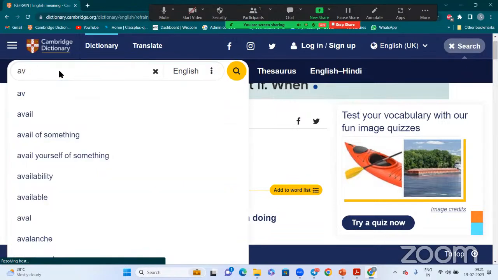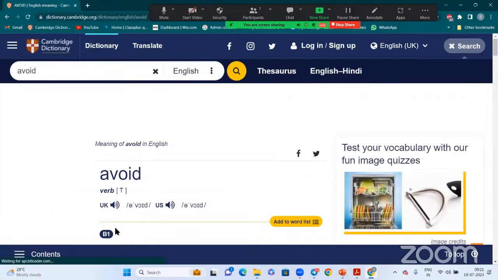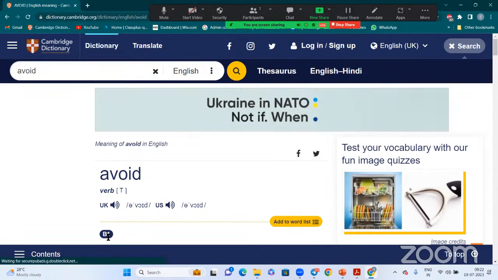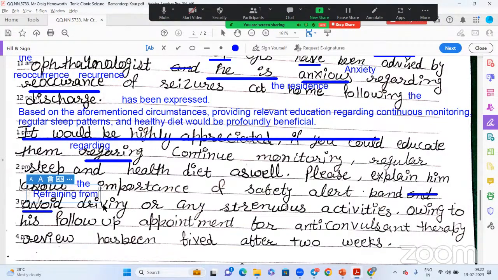Not even B2, I think B1. Avoid is B1 vocabulary. So better use refraining from driving and strenuous activities.